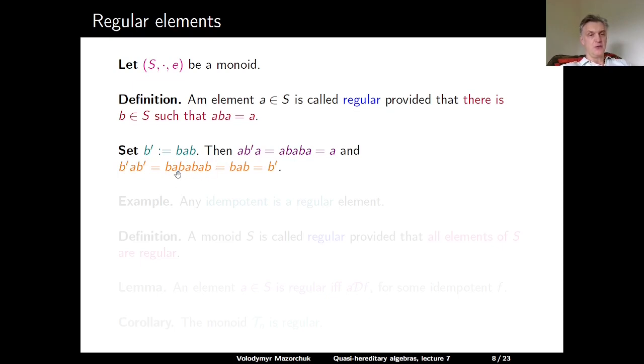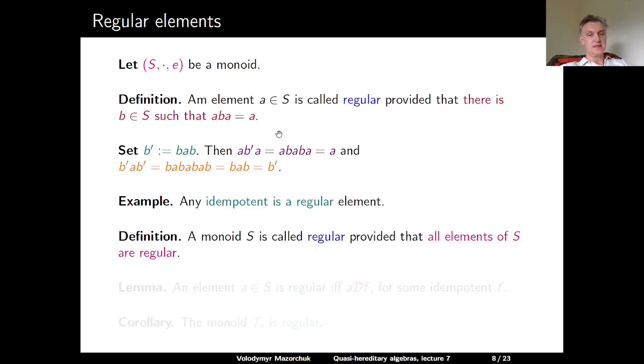So we can remove one ABA to make it into A, and then the second one, and we get BAB, which is B'. So if we have an A for which there is a B such that ABA is equal to A, then there is also a B such that both ABA is equal to A and BAB is equal to B. So this makes the definition a little bit more symmetric. For example, any idempotent is a regular element.